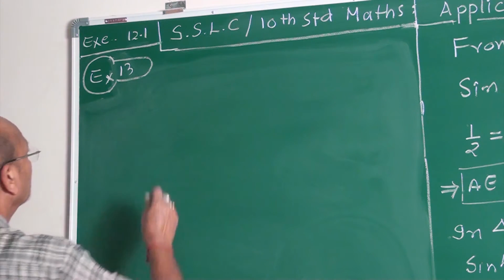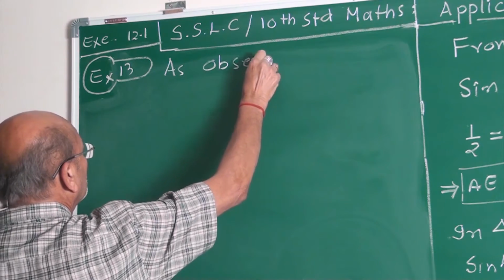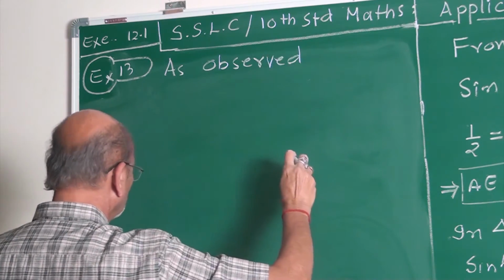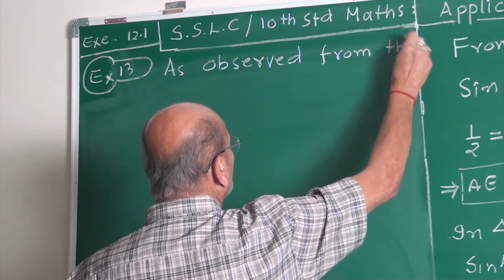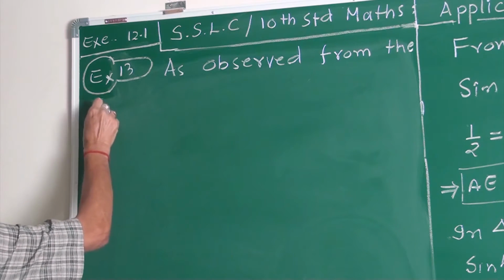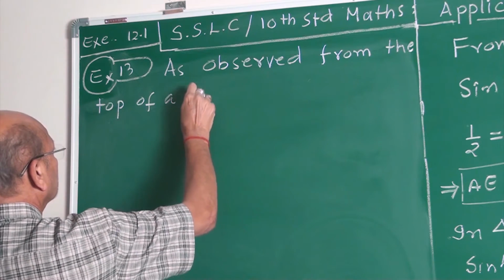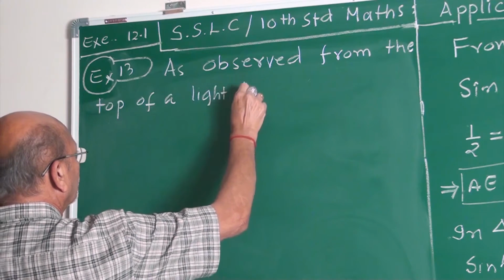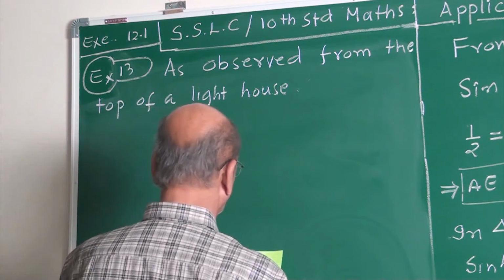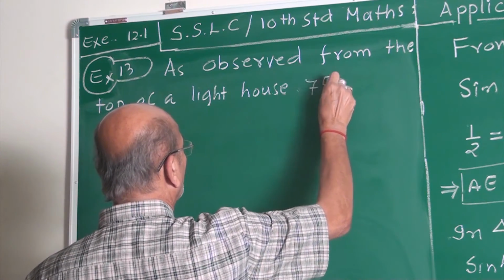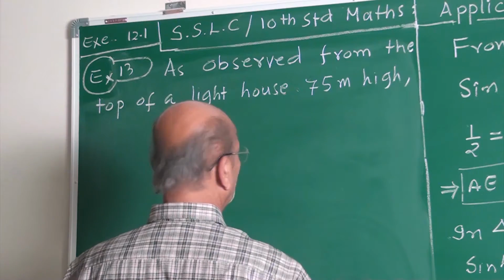The statement is: as observed from the top of a lighthouse, the friend is on the top of the lighthouse, 75 meters high from the ground. The height of the lighthouse is 75 meters.